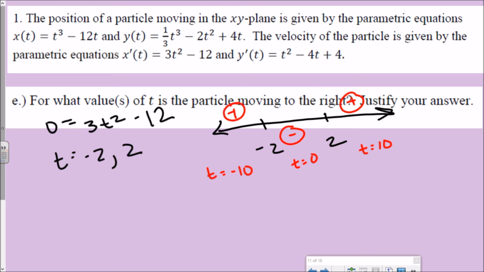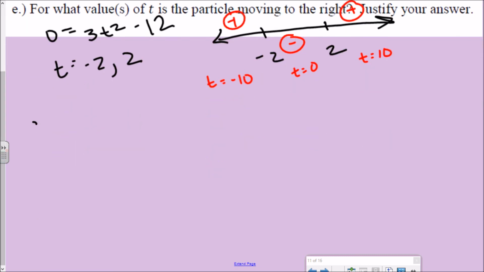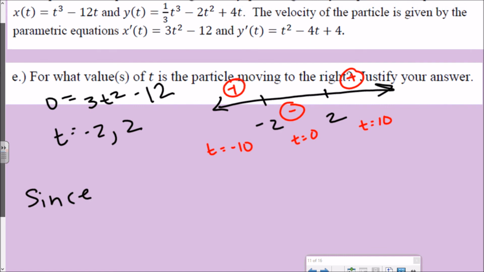So when I write it out, I'm going to say since x prime of t, is that what we just did? Yes, x prime of t.